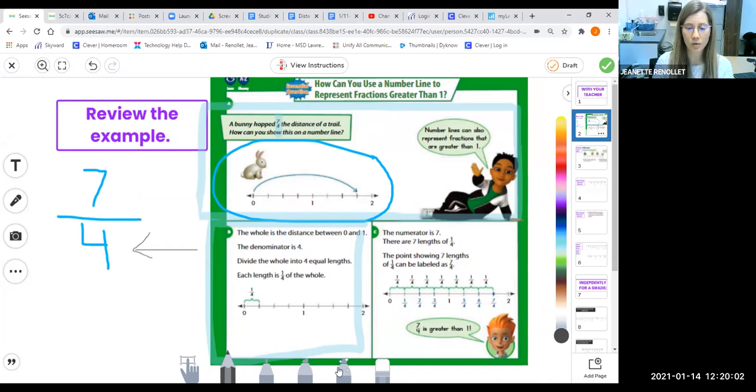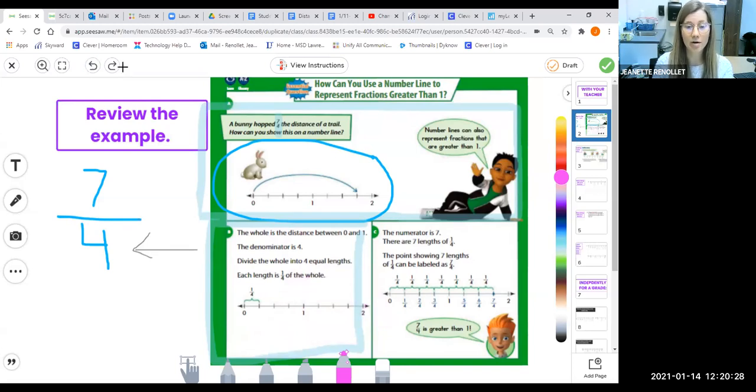Look at each 1 whole. Right here is 1 whole. I notice that they partitioned it into 4 equal parts. Then they looked at the second 1 whole from 1 to 2. Here again, they partitioned into 4 equal parts.